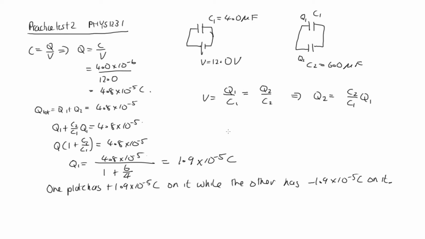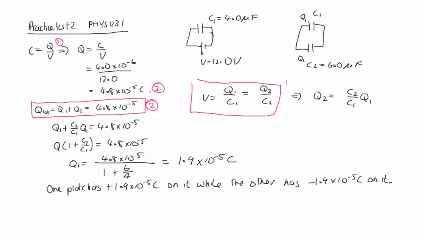Okay, so how would we go about marking it? For recognizing that you'll need to make use of this equation, that is 1 mark. For solving this to get 4.8 times 10 to the minus 5 coulombs, that is another 2 marks. Then for recognizing this, this is another 2 points, and for recognizing this as well, that is another 2 points.